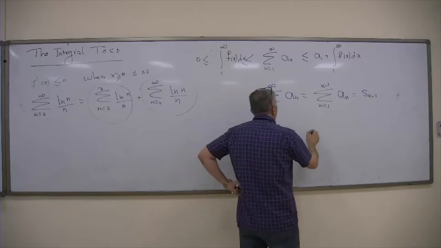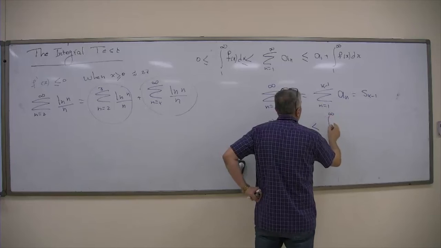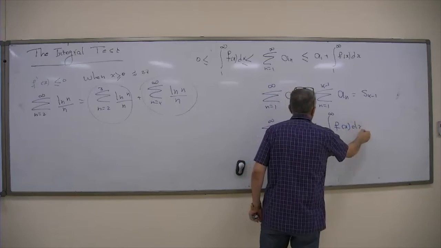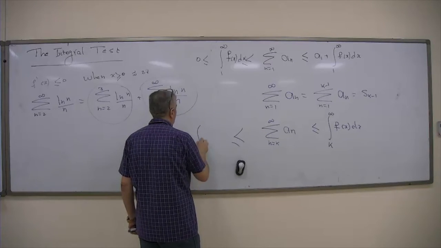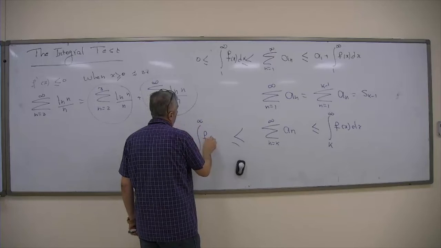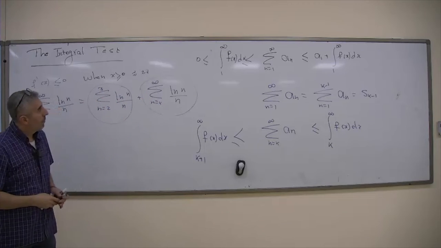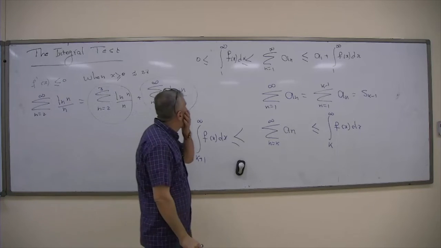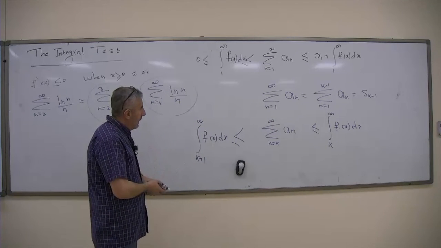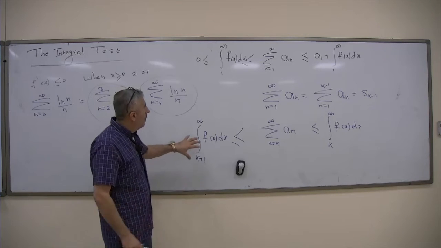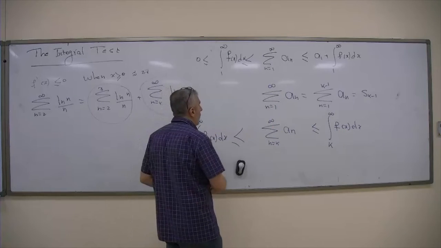So this will be smaller than or equal to the integral from k to infinity of f(x) dx, and larger than or equal to the integral from k plus 1 to infinity of f(x) dx. So basically here, your error is going to be between this integral and this integral, okay? And we can take an example about that.